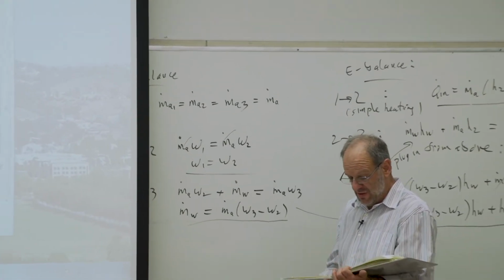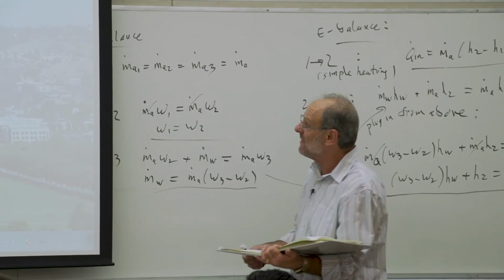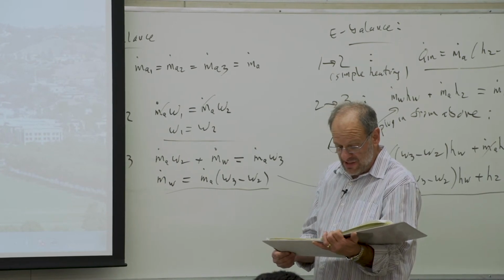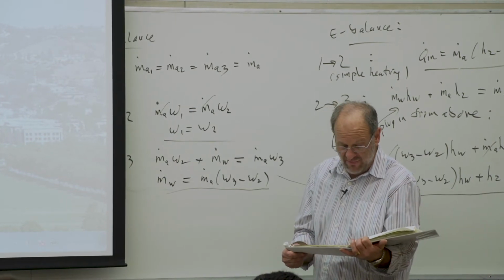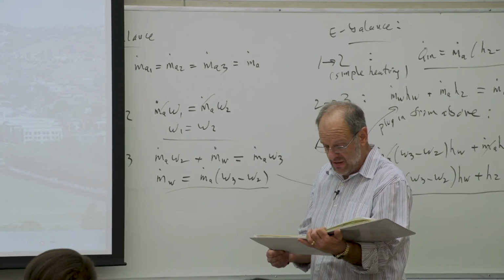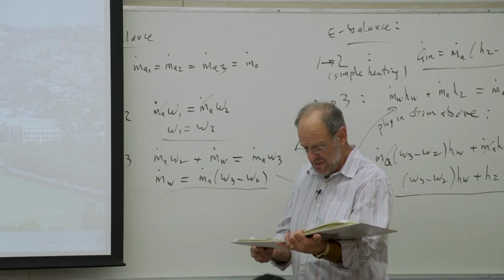The air leaves the humidifying section at 75 degrees Fahrenheit and 55% relative humidity. So we want to find the amount of steam that's added in a pounds of water per pound of dry air basis. We want to find the amount of heat transfer to the air in the heating section, again on a BTU per pound mass of dry air basis.